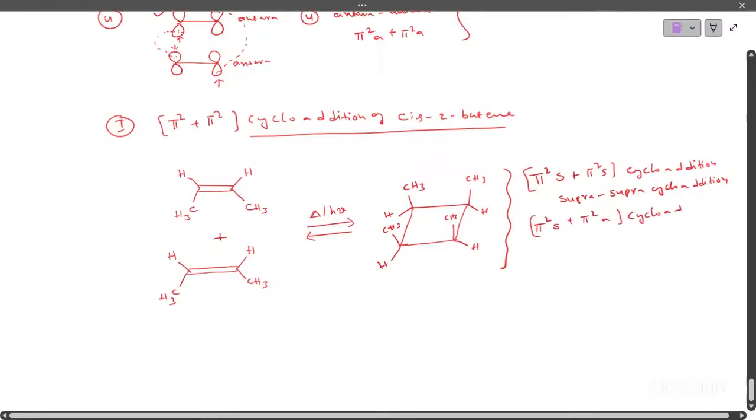That is supra-antara cycloaddition, and pi 2a plus pi 2s cycloaddition, and pi 2a plus pi 2a cycloaddition.